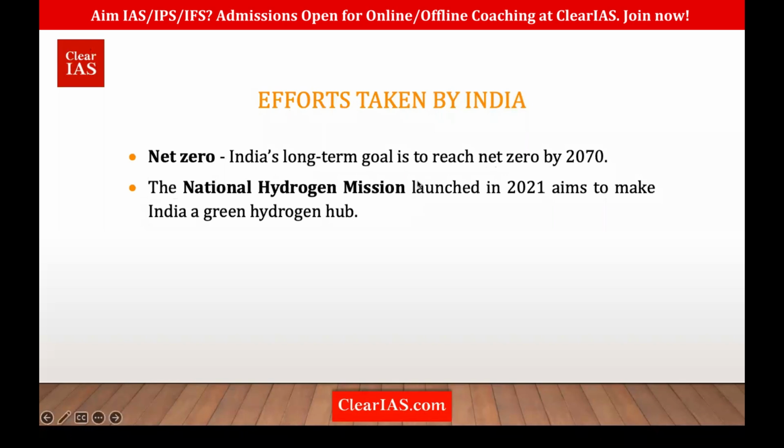Okay. Then we have started the National Hydrogen Mission to make India a green hydrogen hub. So we know hydrogen is one of the biggest alternatives to fossil fuels, and we can depend on that for transportation and many other things, right? So they are trying to make India a green hydrogen hub.